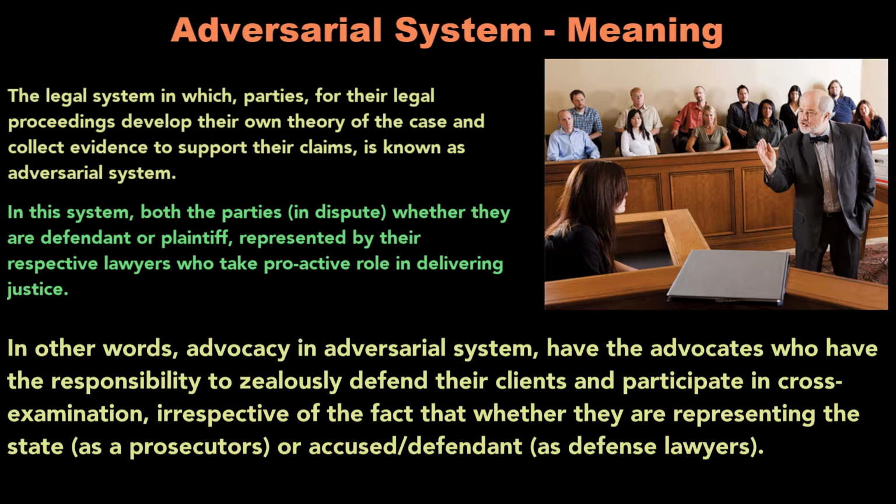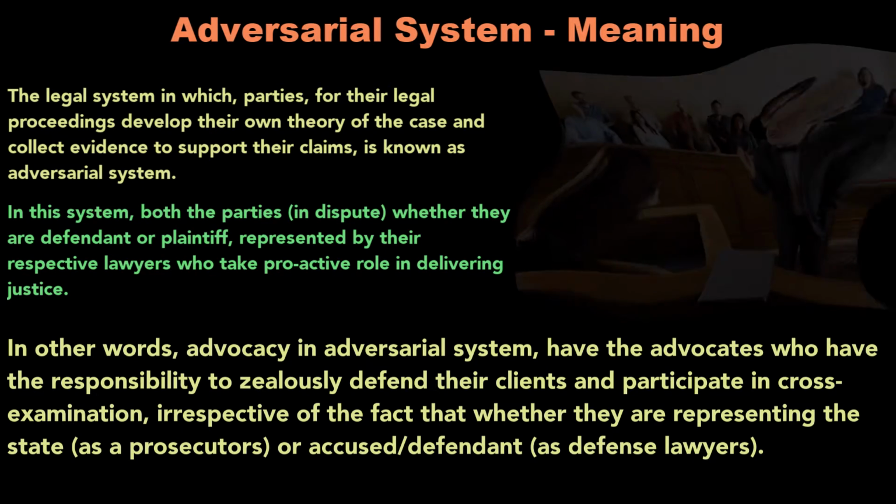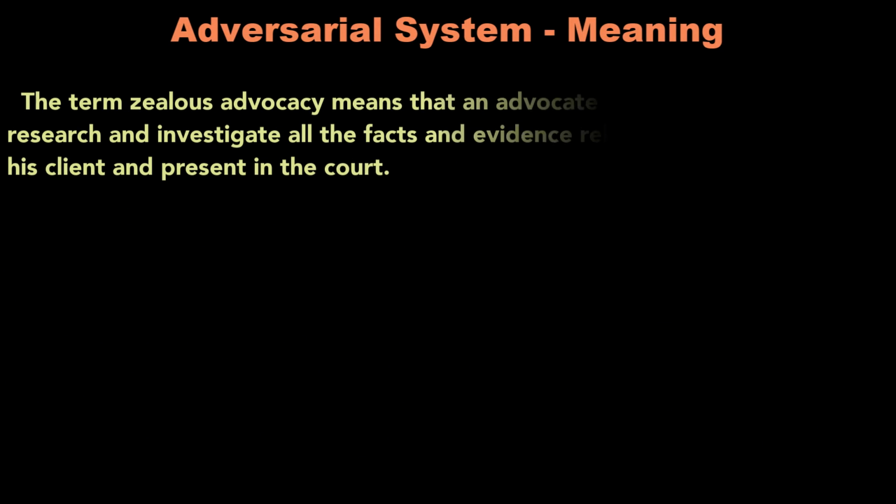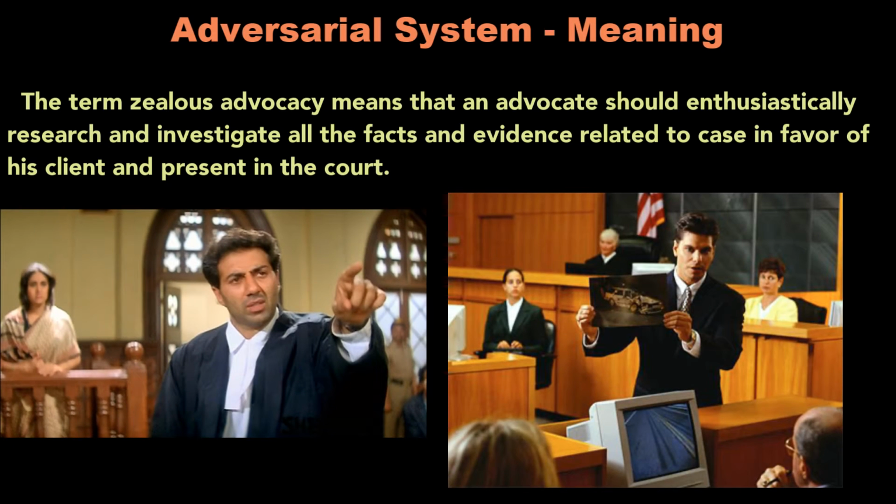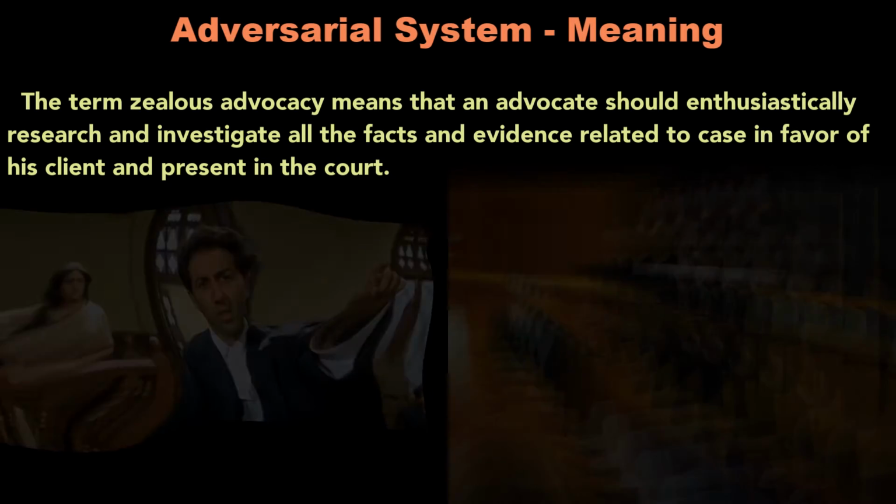Here I use the term jealously. So the term jealous advocacy means that an advocate should enthusiastically research and investigate all the facts and evidence related to the case in favor of his or her client and present it in the court. Okay, so your lawyer is supposed to do all those things which are in your favor.